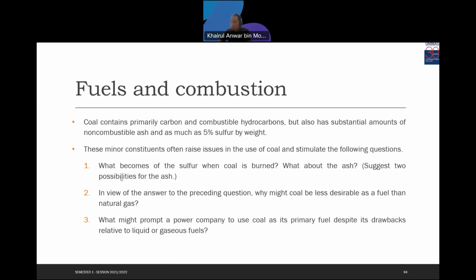Suggest two possibilities for the ash. In view of the answer to the preceding question, why might coal be less desirable as a fuel than natural gas? What might prompt a power company to use coal as its primary fuel despite its drawbacks relative to liquid or gaseous fuel?